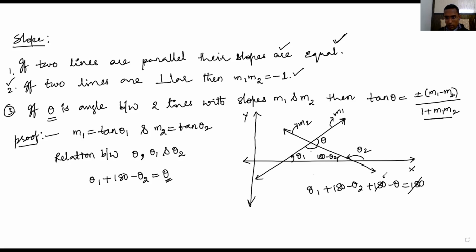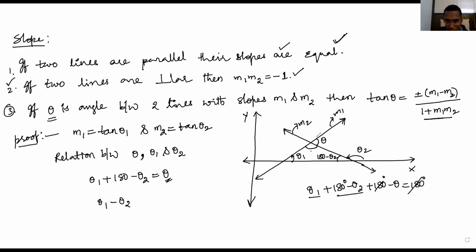So the sum of two interior angles equals the opposite exterior angle. Now what we need to find is the relation between these slopes. What we can do is take theta 1 minus theta 2 or theta 2 minus theta 1, whatever.